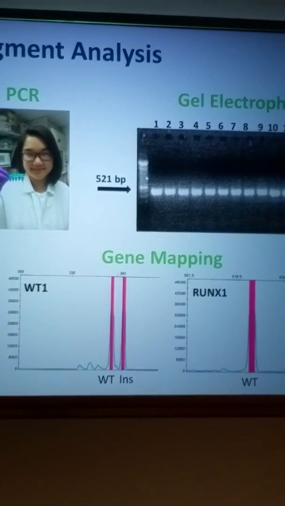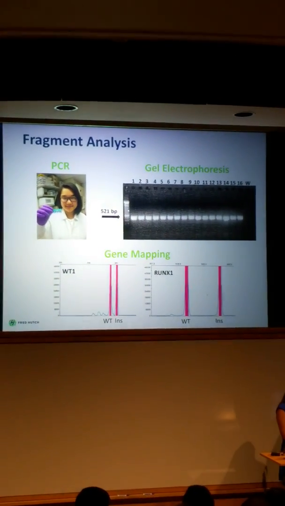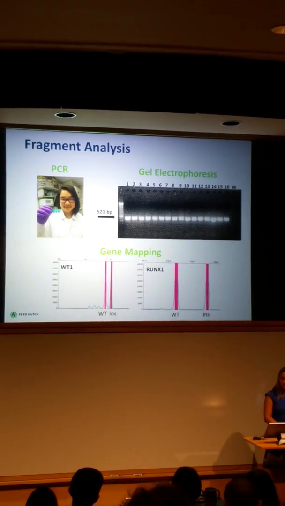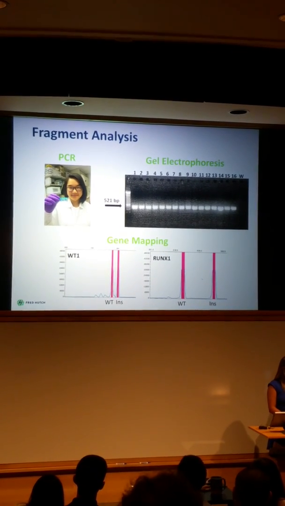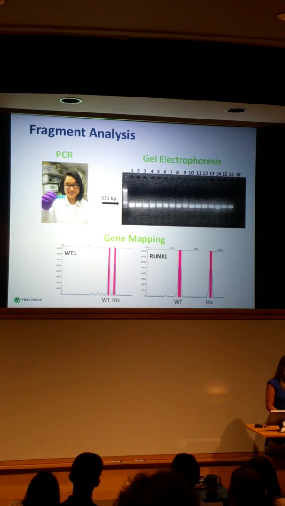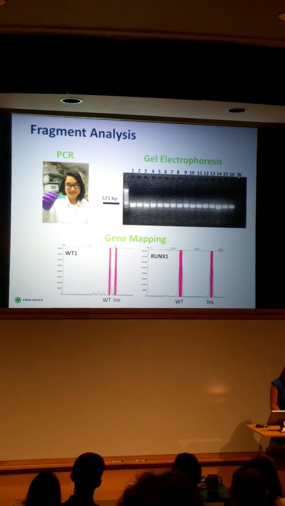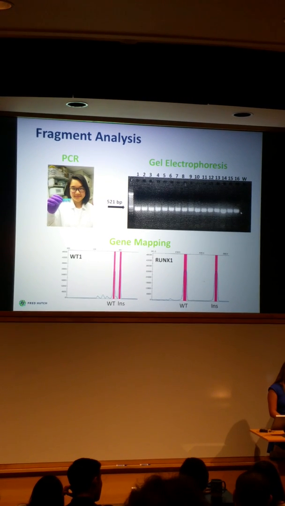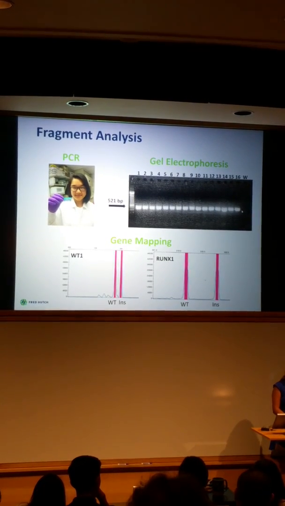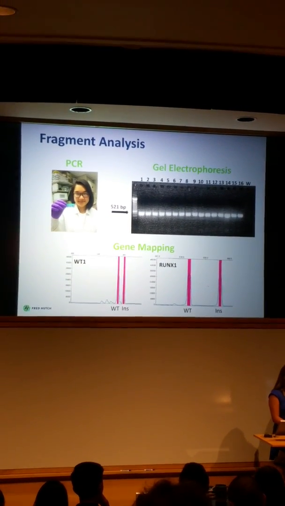The well on the very left is our DNA ladder, which indicates the size of the base pairs of the PCR products. And on the right is the well for water, which is our negative control. If there were any bands present, it would indicate that there was contamination, but in this case, it's not contaminated.